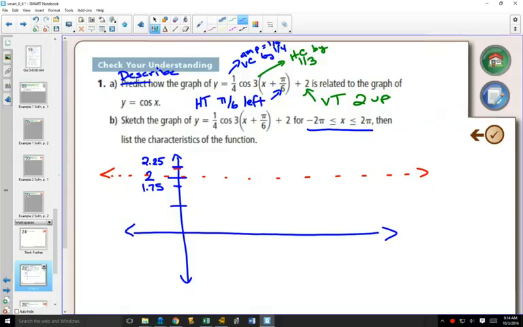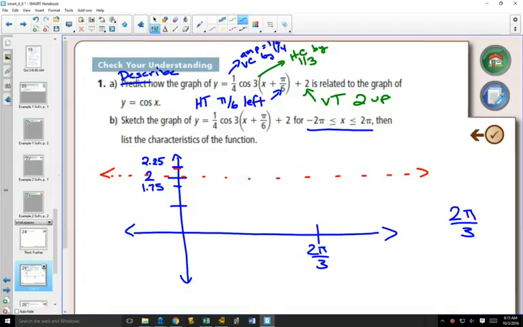Now we're going to use our B value. Our B value is going to help us find our period. Our period in this case is going to be 2 pi over 3. So graphing 2 pi over 3, I make a mark anywhere. And then I'll graph 2 pi over 3.